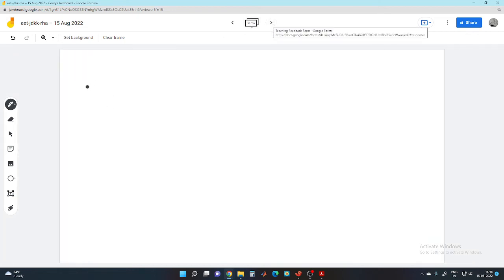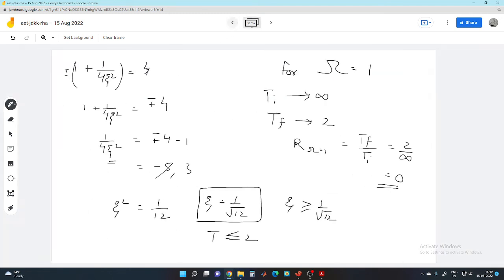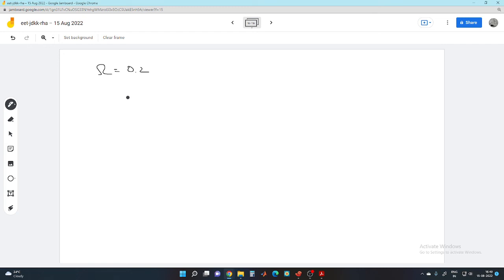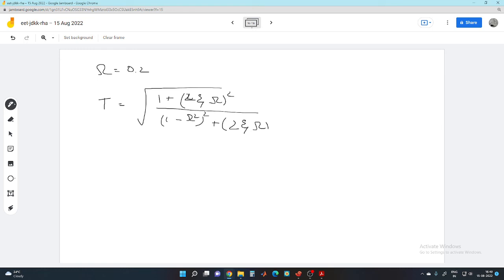But if we talk about the other regions, like if capital omega or the frequency ratio is 0.2, then what is the formula of transmissibility? Square root of 1 plus 2 xi omega whole square upon 1 minus omega square whole square plus 2 xi omega whole square.